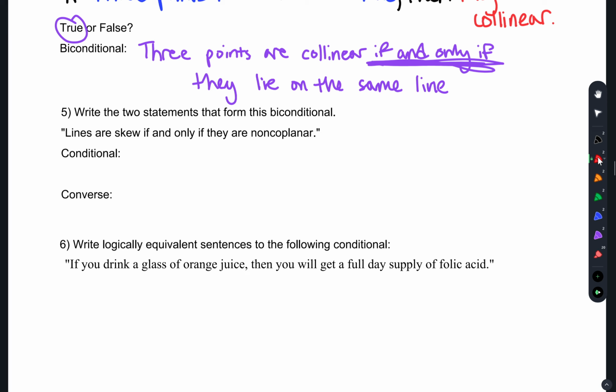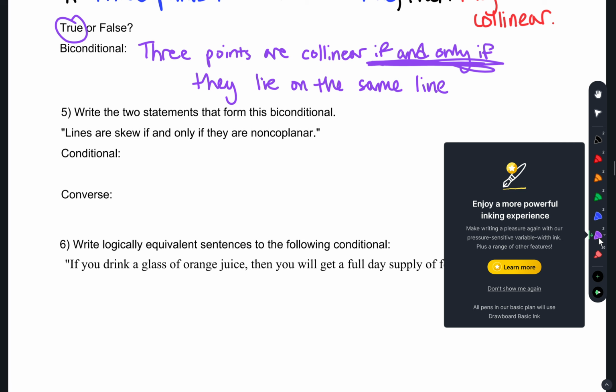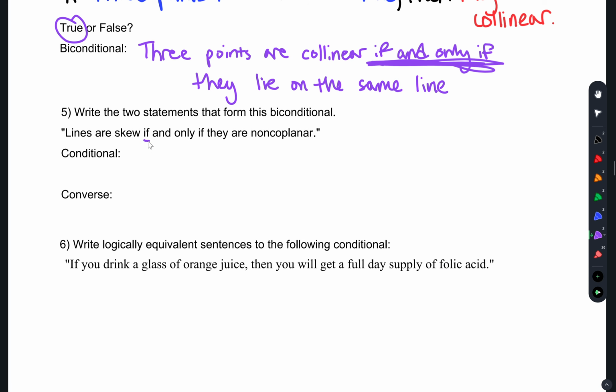Don't be afraid. If and only if is in the center, right? So that means my hypothesis is going to be this first part: lines are skew, P. My conclusion is going to be the second part: they are non-coplanar.